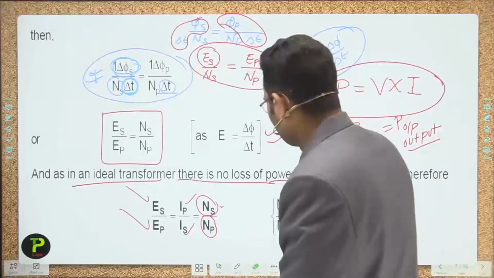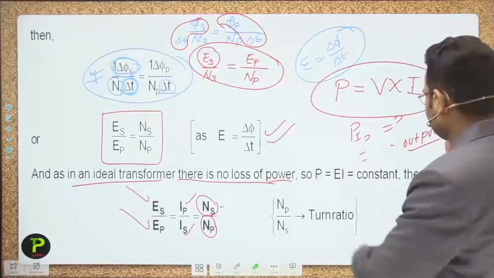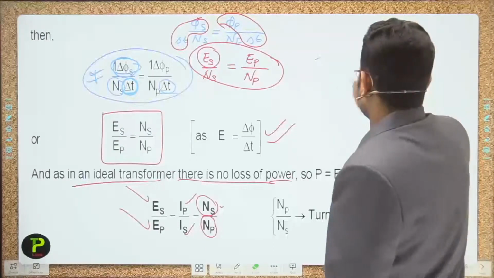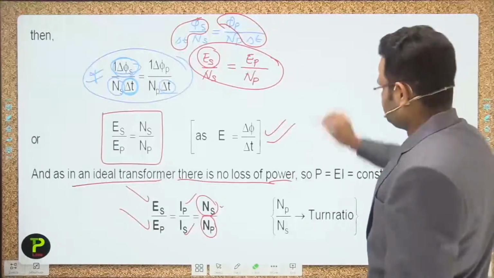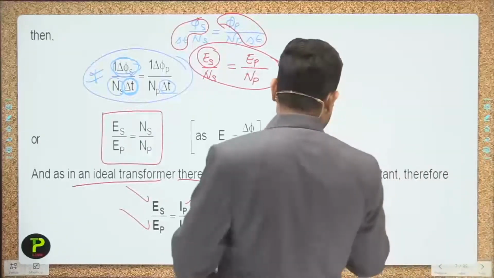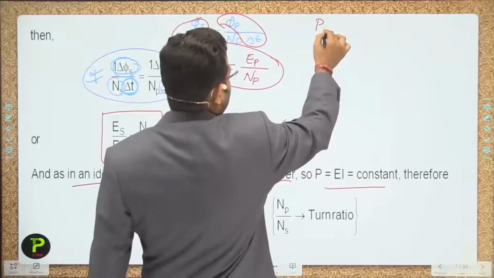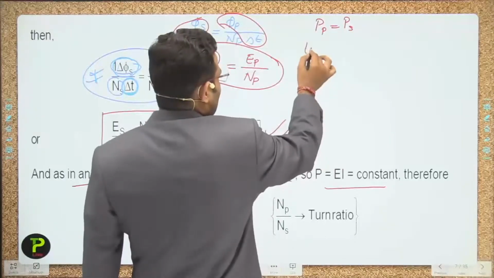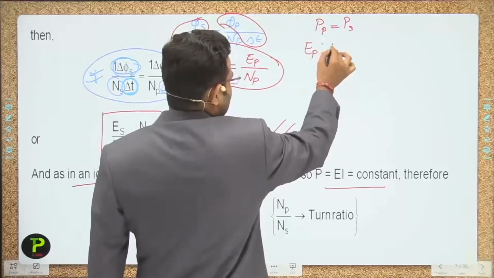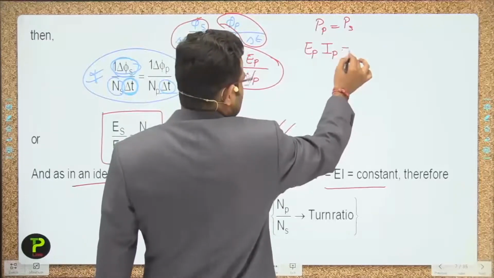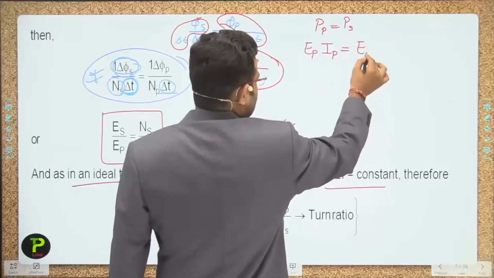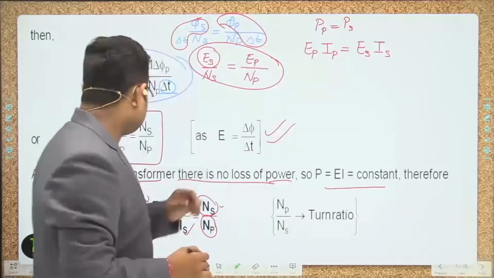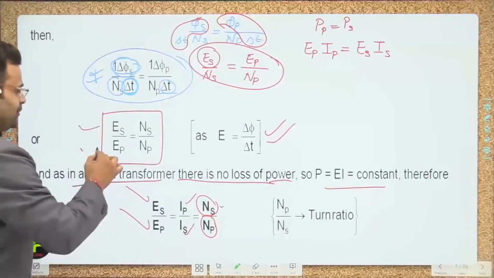Now erase all the expressions and we will explain those terms. According to that concept, power for the primary is equivalent to power for the secondary. So the voltage and current for the primary are equivalent to the voltage and current for the secondary. Now make that relation, Es upon Ep.